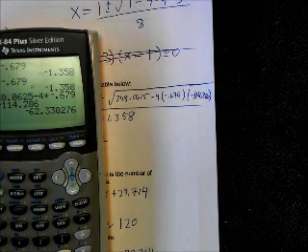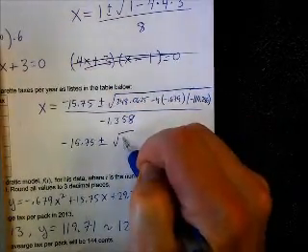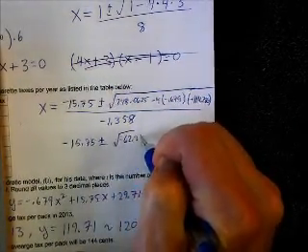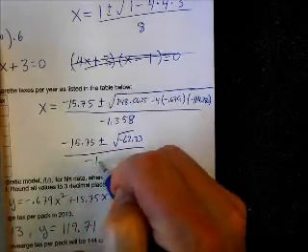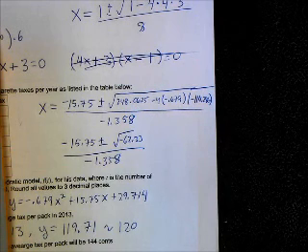I got negative 62.33 something something. And that tells me I can stop. I've done all the work I need to do.